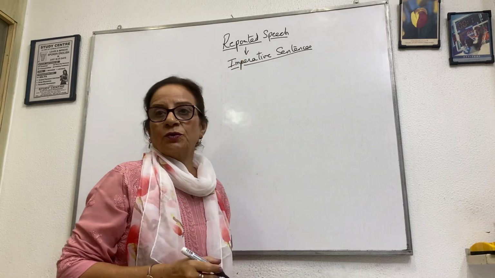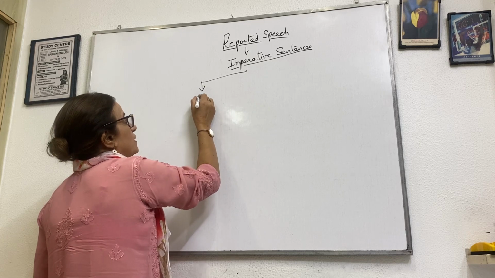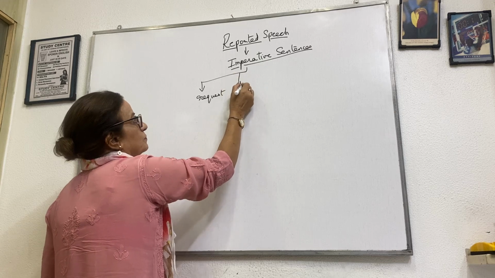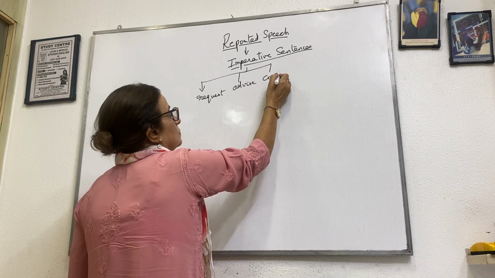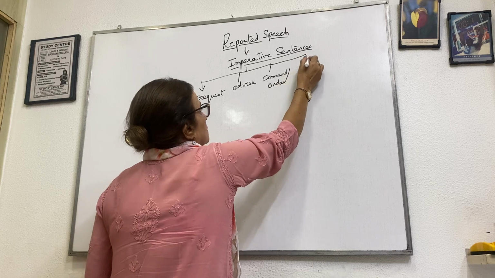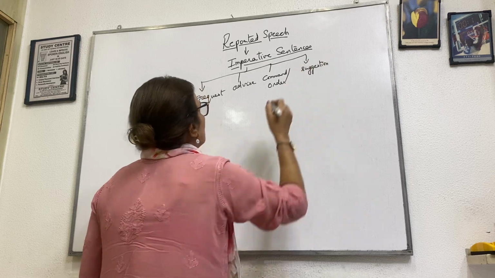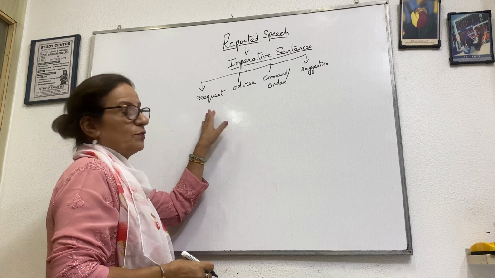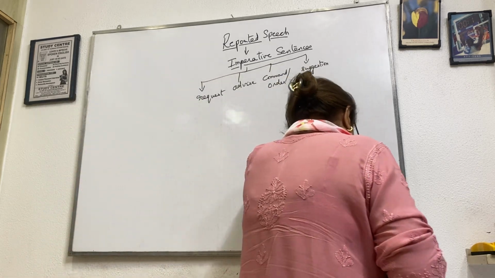Imperative sentences are those sentences which give a request, advice, command or order, suggestion. So they all come in the imperative sentences: advice, request, command or order, or a suggestion.